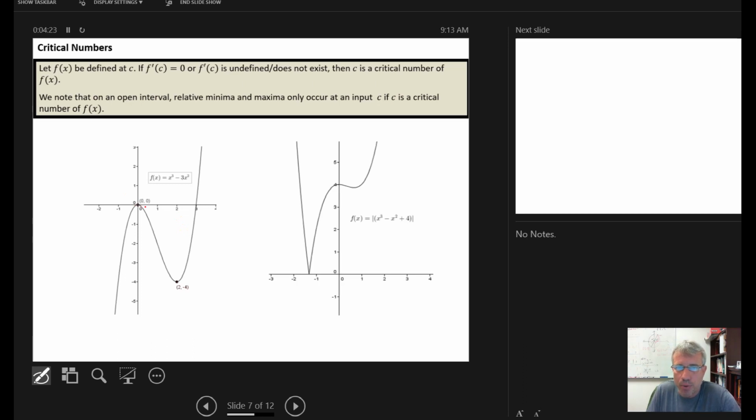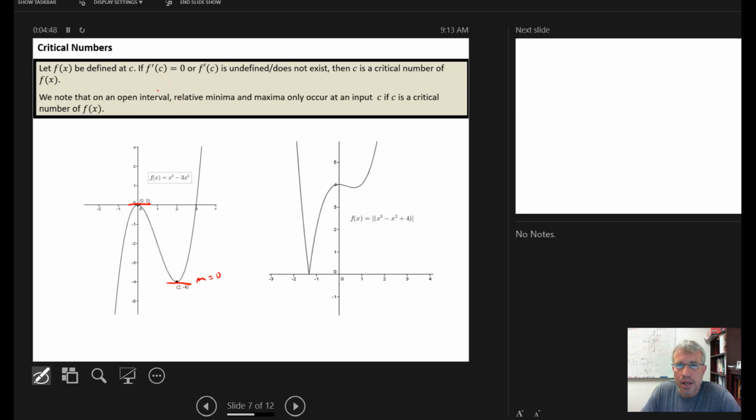A highest point on an open interval will either have a tangent line whose slope is 0. So here's a relative maximum. When I draw the tangent line to the graph at that maximum, I want to notice that the tangent line has a slope of 0. And here at this local minimum, if I draw in the tangent line there, the slope of it will be equal to 0.